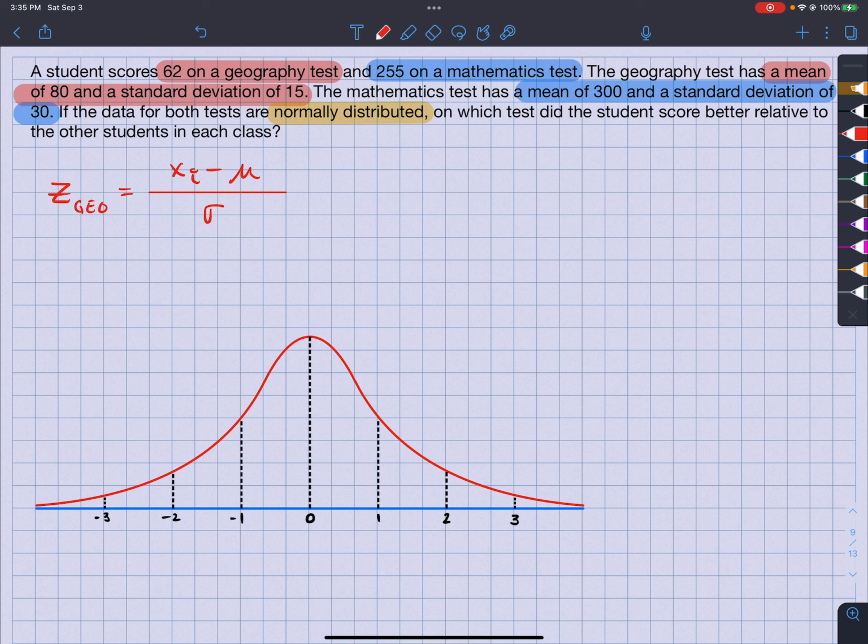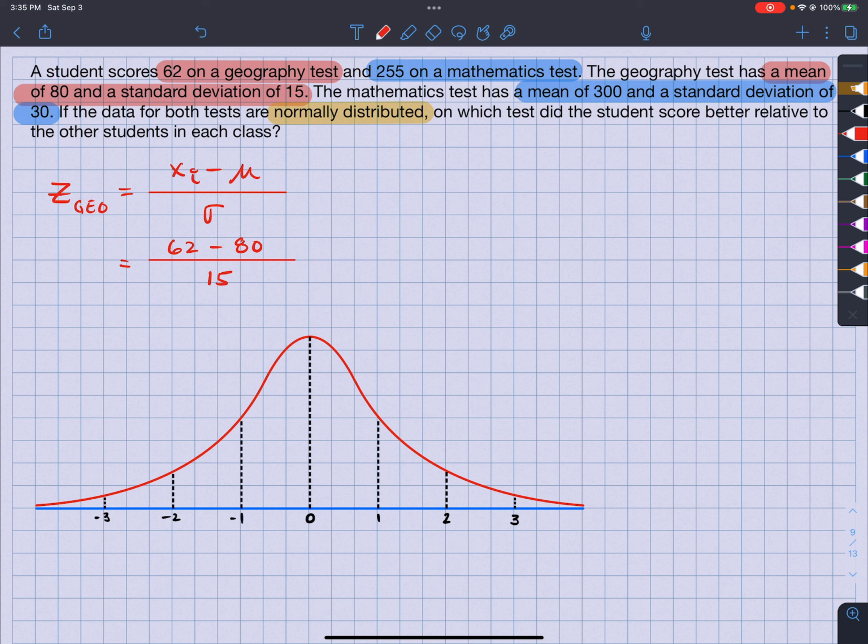Okay, so let's put that in and see what I get. My score was a 62 minus the mean, which is 80, divided by the standard deviation, which is 15.